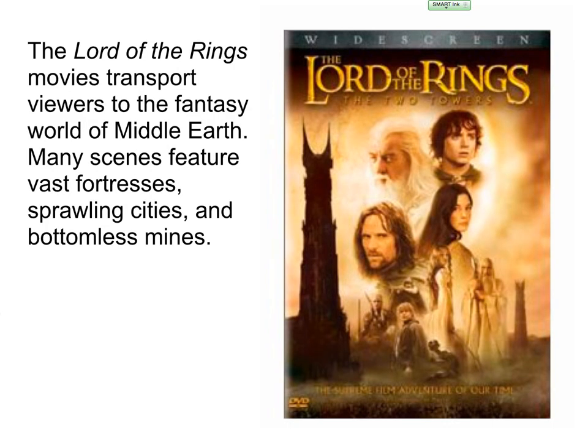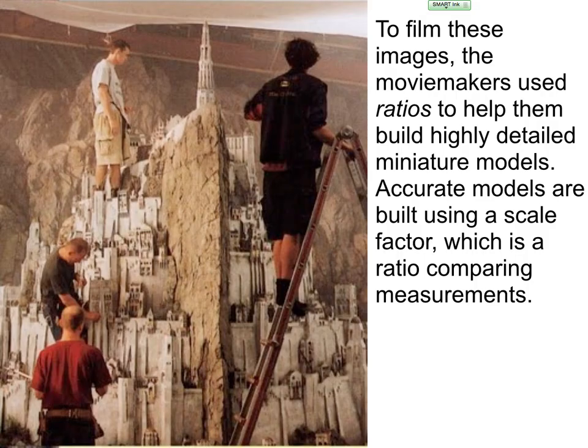If you're a fan of something like Lord of the Rings, you are familiar with, or at least if you really think about it, they used a lot of ratios and proportions in there. When they made the things that they filmed, they made a detailed miniature model in order to do the filming of some of that.